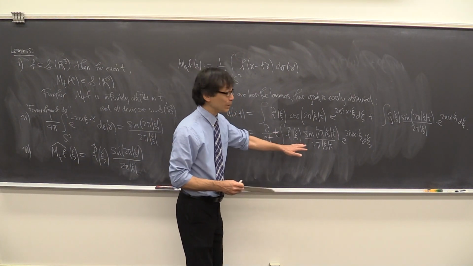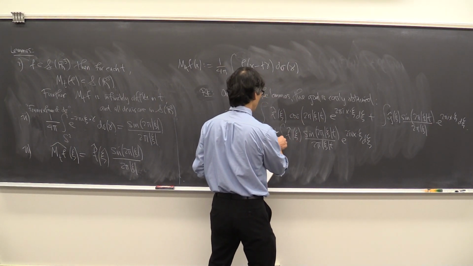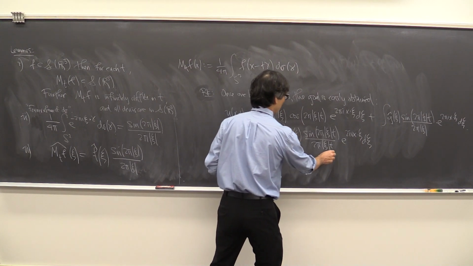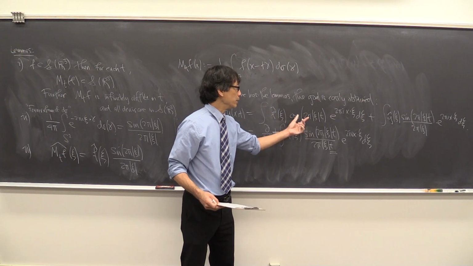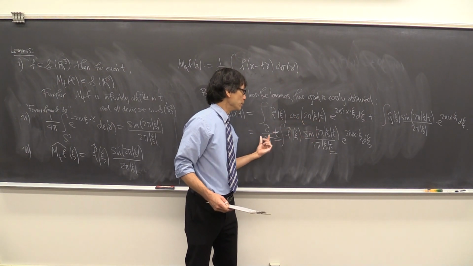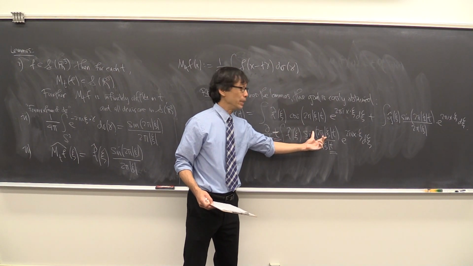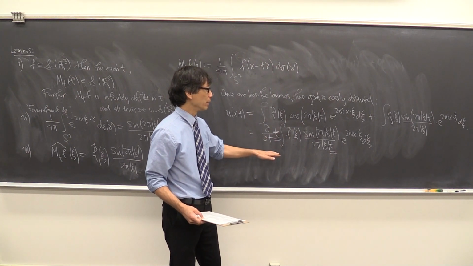So we're just playing tricks here, basically. We multiply by 1, with a t over t here, and this cosine of 2 pi c t is just the derivative of sine of 2 pi c t over 2 pi c. So that's just a calculus trick.